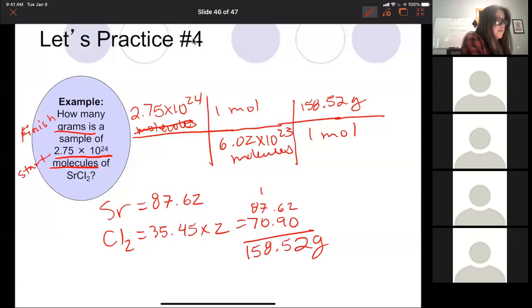So we are crossing out molecules, we're crossing out moles and moles. We're going to multiply by the top, divide by the bottom, multiply by the top, divide by the bottom.